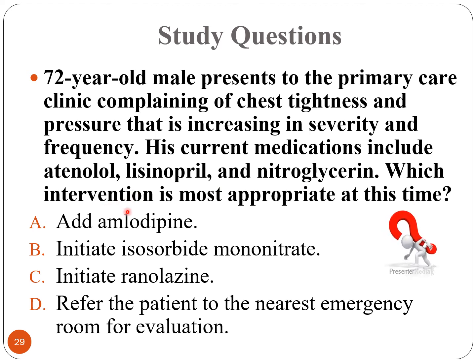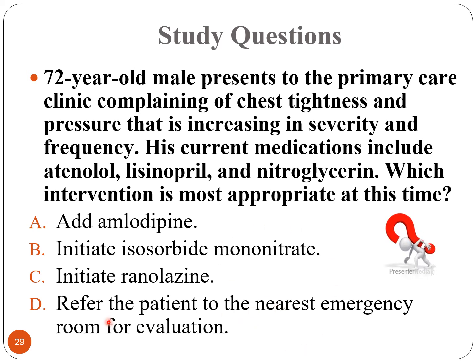Which intervention is most appropriate at this time? Add amlodipine, a calcium channel blocker, initiate isosorbide mononitrate, initiate ranolazine, or refer the patient to the nearest emergency room for evaluation.